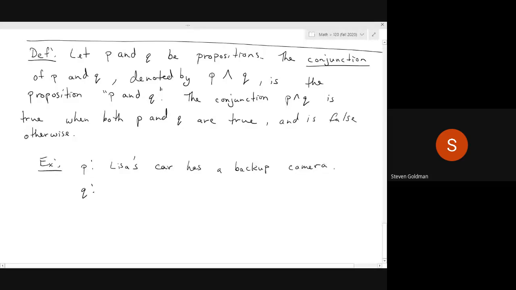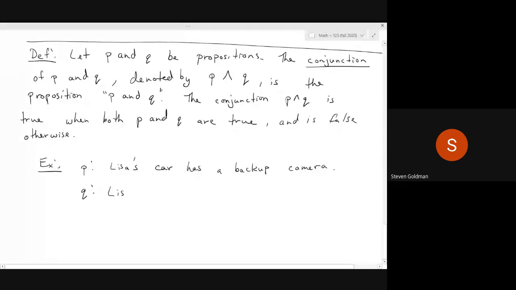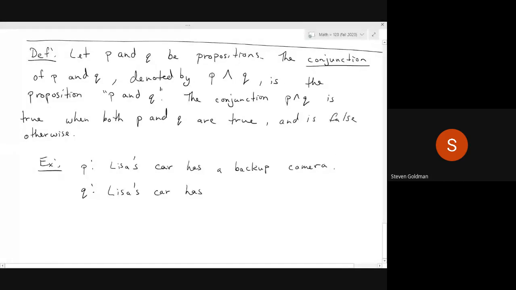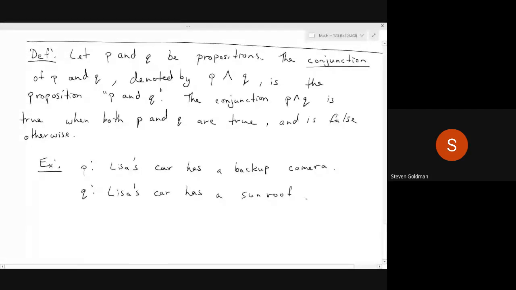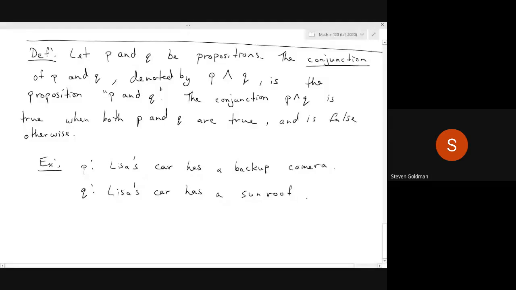And Q is the proposition Lisa's car has a flat tire. Well, not a flat tire. Let me make this a different sentence here. Has, let's say, a sunroof. Okay. Let's say that those are our propositions.